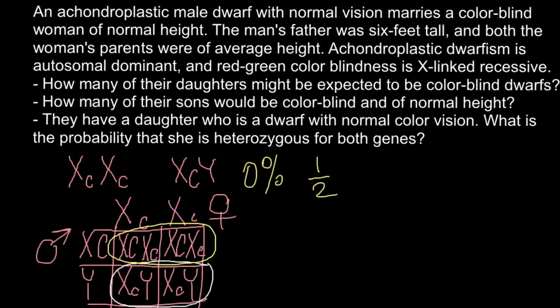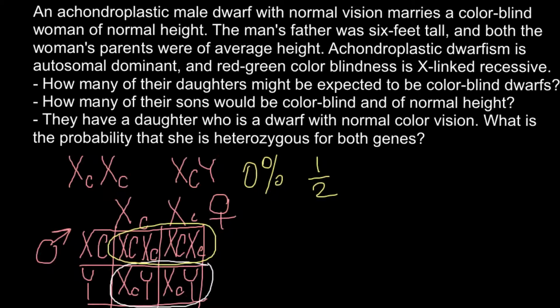And why 1/2? Because when we have a trait that is coded by an allele on an autosomal chromosome, there is a 50% chance that he would get the normal allele from one of the parents, and a 50% chance that he is going to get the allele that stands for dwarfism.